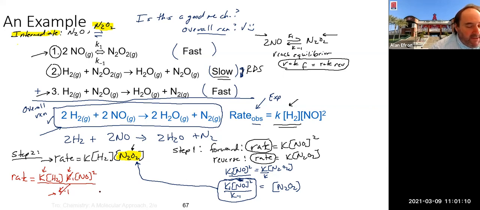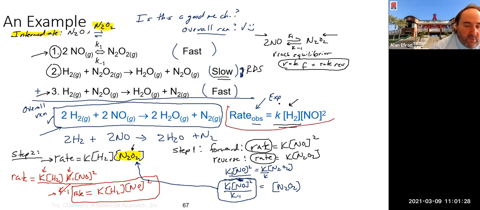Now if we clean up, we are left with the rate is equal to H2 times NO squared. And now we have a rate law that does not have an intermediate in it. And now we can compare it to the one that was found experimentally.